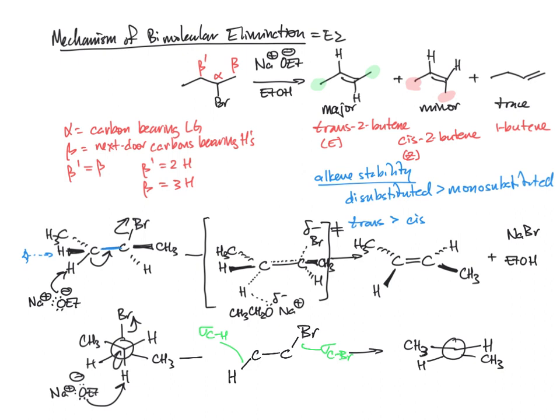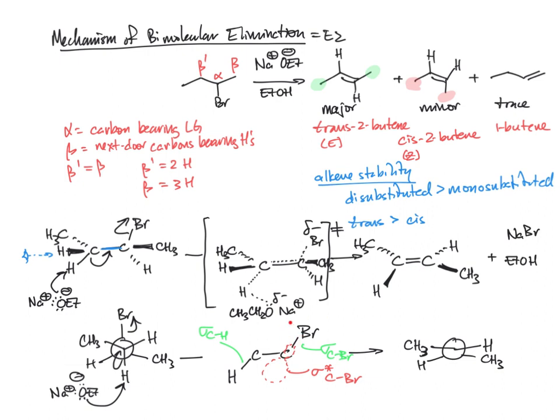And so what is happening, we recall every time there's a sigma bonding orbital, there's a sigma anti-bonding orbital. So when this hydrogen gets abstracted, these two electrons are immediately disposed to go into this anti-bonding orbital, which results in the formation of that pi bond.